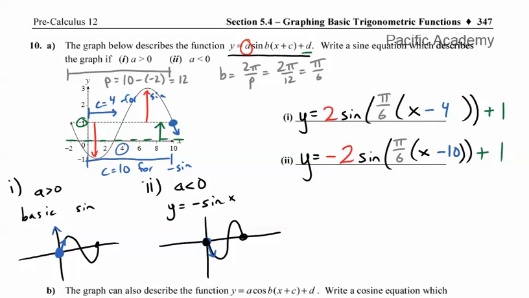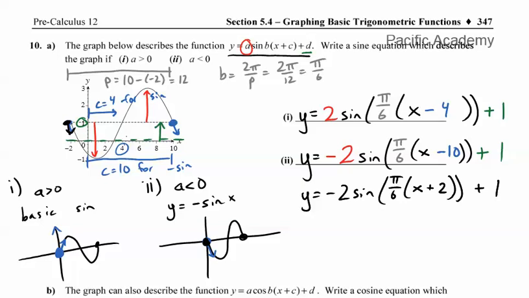Now note that I could also have used this point here. So another answer would be negative 2 sine pi over 6 x plus 2 plus 1. Because this point is also starting on the middle, going down. So there's so many different answers. And these would all give you the same graph. If you graphed them all in your graphing calculator, you would get this picture for every single one of them.